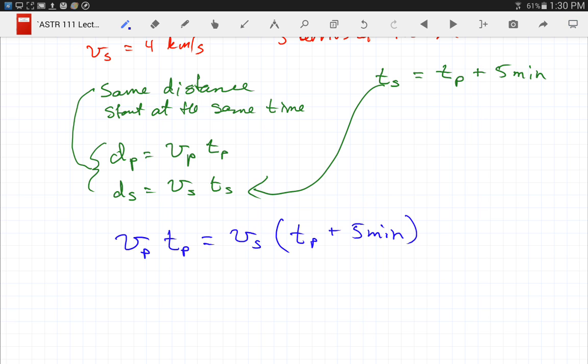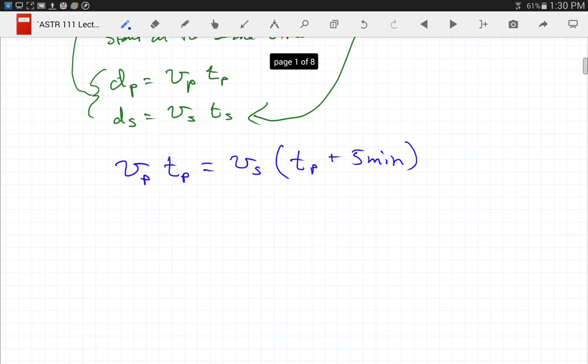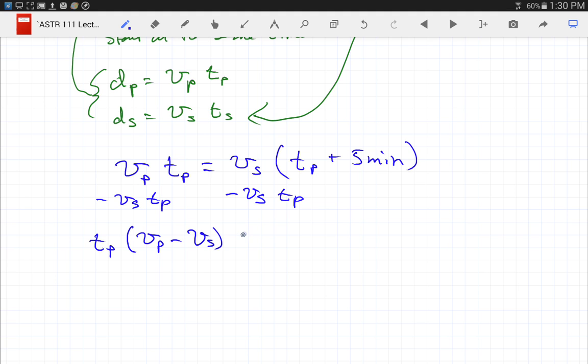I want to find the time for the primary, so at this point, I just need to solve for TP. So I will subtract VS TP from both sides. And then I have on the left side, time for the primary wave times V primary minus V secondary is equal to V secondary times 5 minutes.